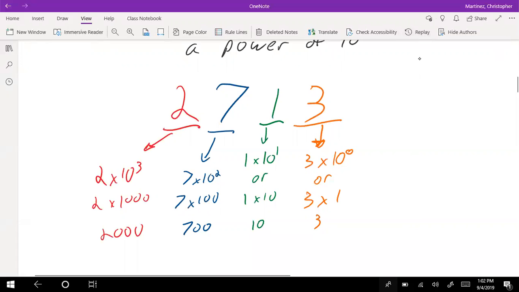So if we look at this, we see that every digit is in the powers of tens. And if we go back to when we started learning math, we would know that this is the 1 spot, the 3, the 1 is in the 10 spot, the 7 is in the 100 spot, and then the 2 is in the 1,000 spot.